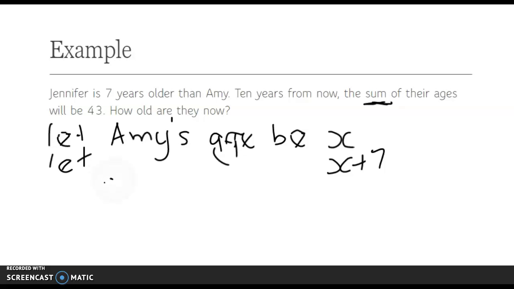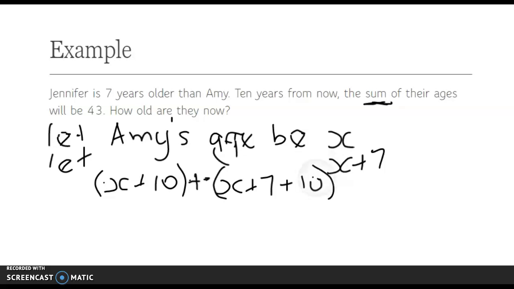So that means Amy's age would be X plus 10. And the fact that we're summing them means we're going to add them together. And Jennifer's age was originally X plus 7. If you like, you can put them in brackets. And she's now 10 years older as well. And when we add that up, we get 43, because it tells us in the question.